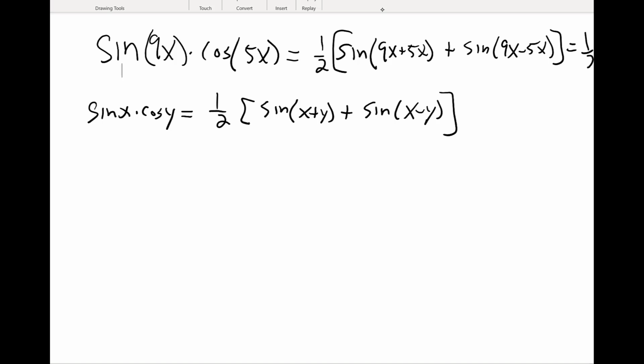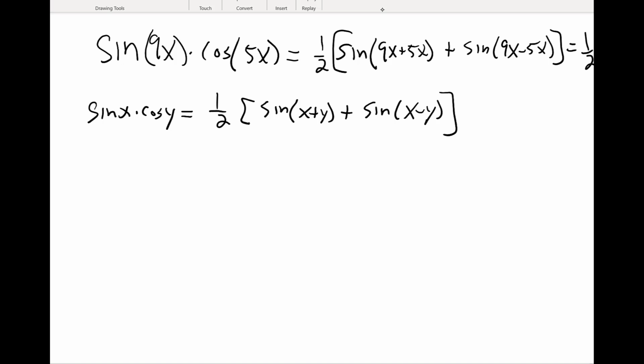So it's 1/2 sine of 14x plus sine of 4x. And that's how you do a problem like that.